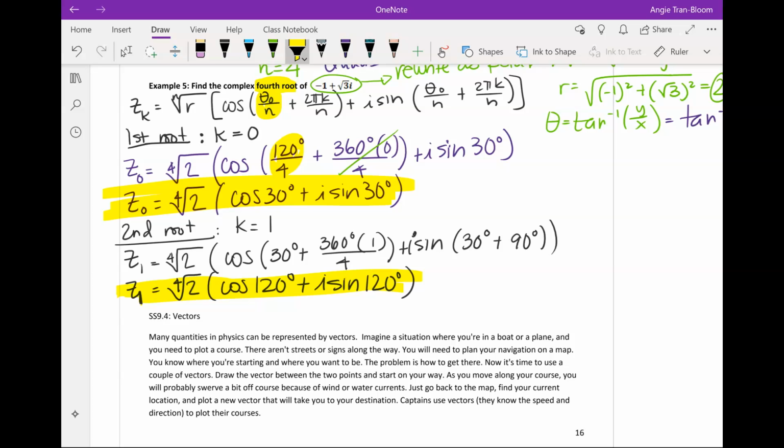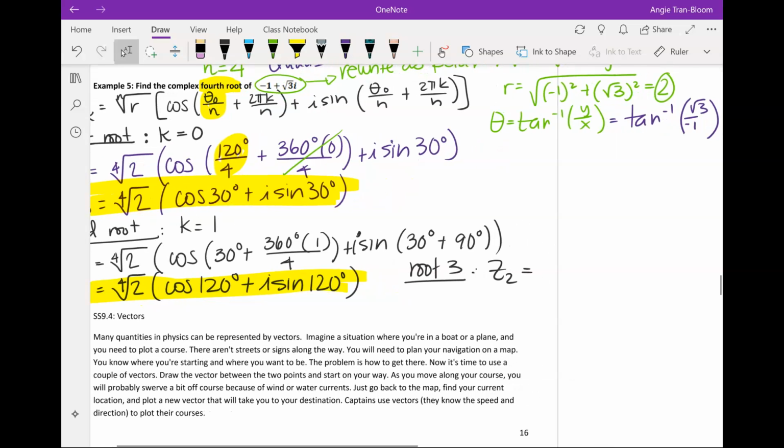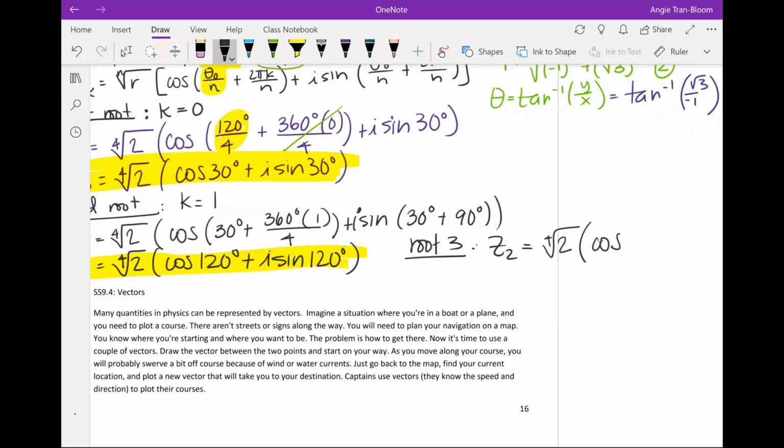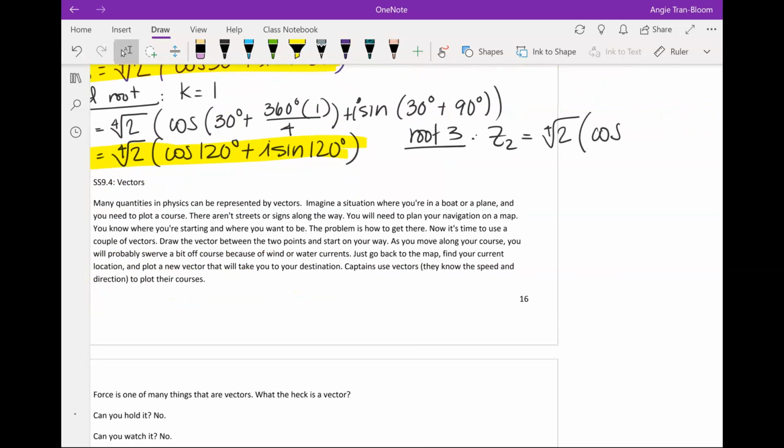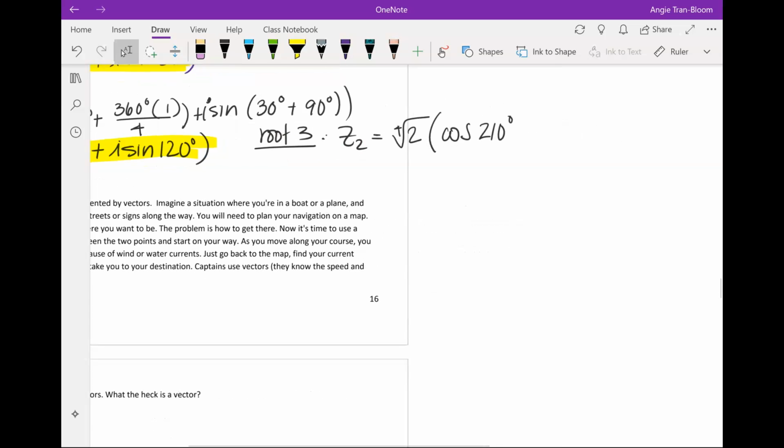So root 3, we do not need to use the formula again. For root 3, I'm going to use z sub what? 2. Z sub 2 equals 4th root of what? 2. Cosine of 120 plus 90, which is 210 degrees, plus I sine of the same exact angle.